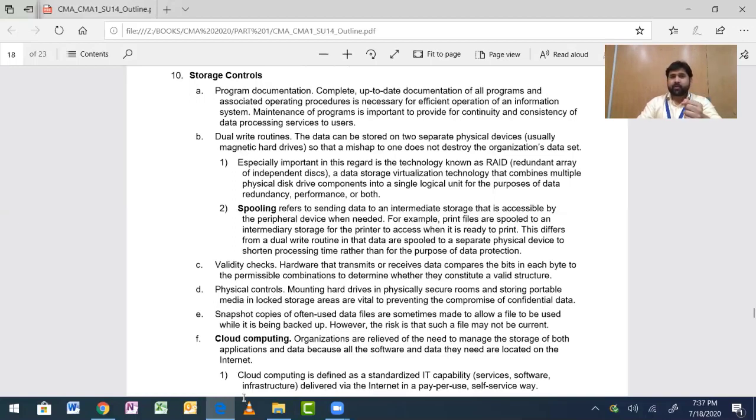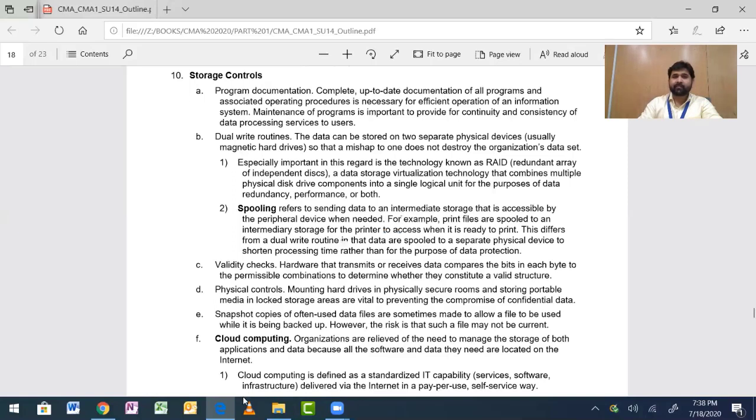Dual write routines: the data can be stored in two separate physical devices, usually magnetic HDs, so that a mishap to one does not destroy the organization's data set. Especially important in this regard is the technology known as RAID, and spooling refers to sending data to an intermediate storage that is accessible by the peripheral device when needed.